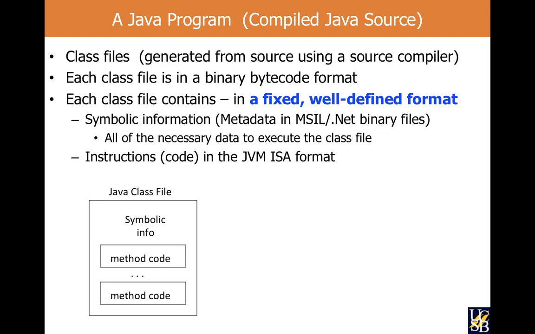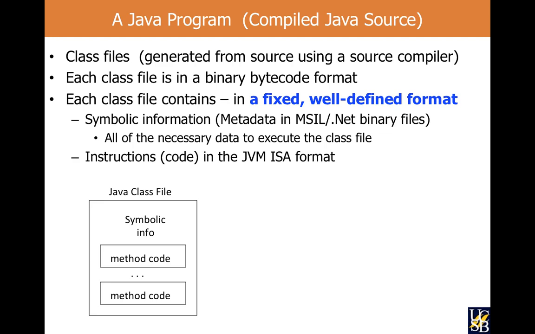And then there's the code itself, the methods that are going to be executed by either the class or objects, instances of the class. Each class file is in a binary bytecode format, a compact representation of your source. And the layout of this class file is fixed and well-defined.